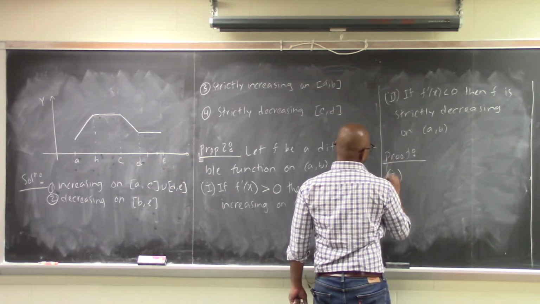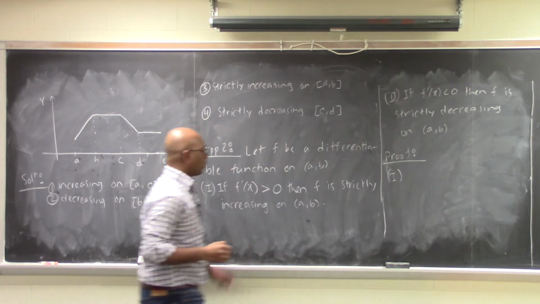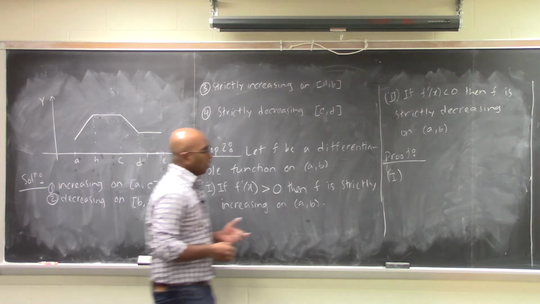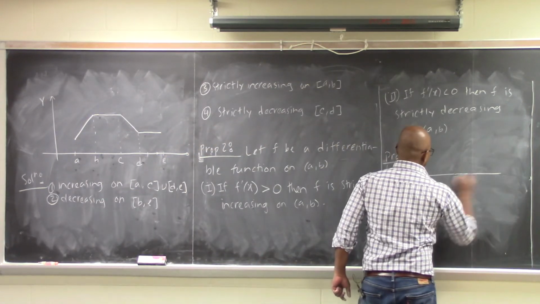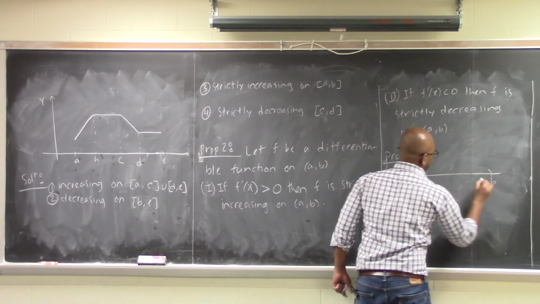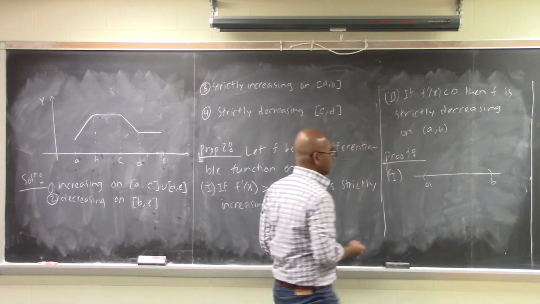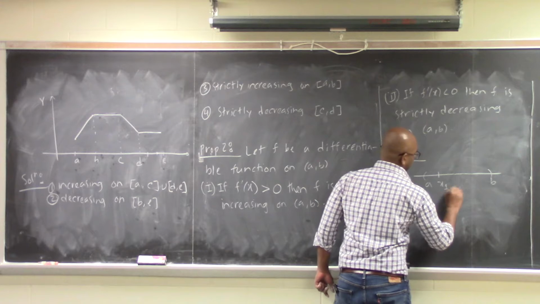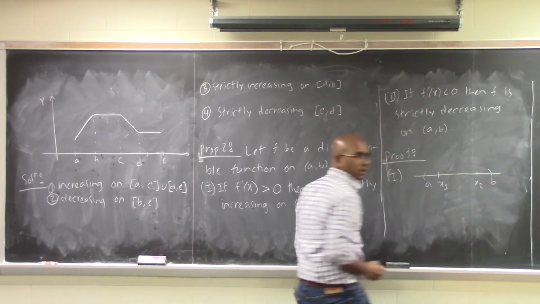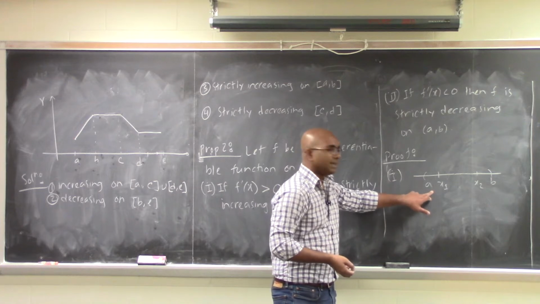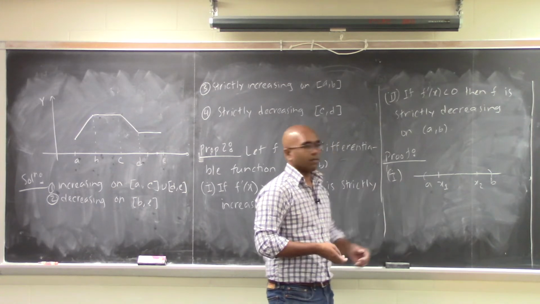Part 1. So what do we need to show that a function is strictly increasing? We need any two inputs from that interval, right? Let's call them x1 and x2. And then what do you need to show? We need to show that f of x1 is strictly less than f of x2.